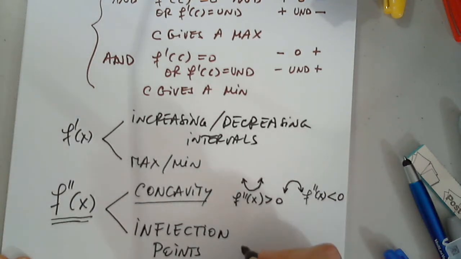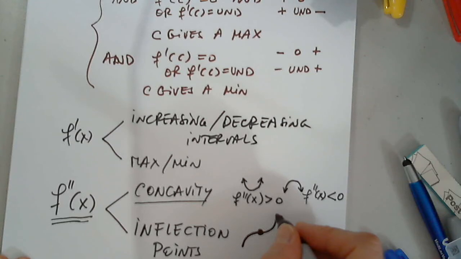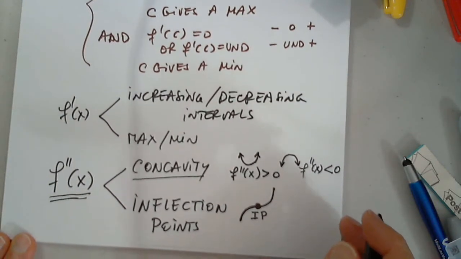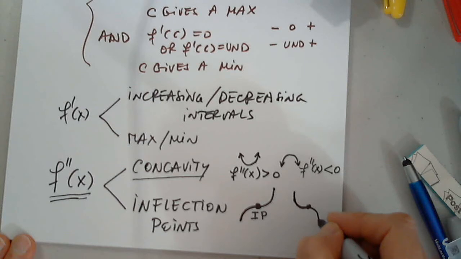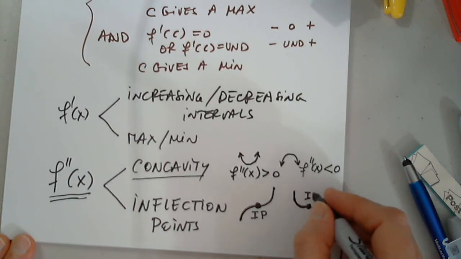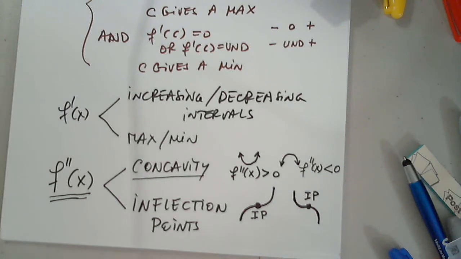What is an inflection point? The function opens downward, and at this point, it starts opening upward. This is what is called an IP. Of course, the other way around: it can be opening upward, and then all of a sudden it changes concavity, opening downward. This is also an IP, inflection point.